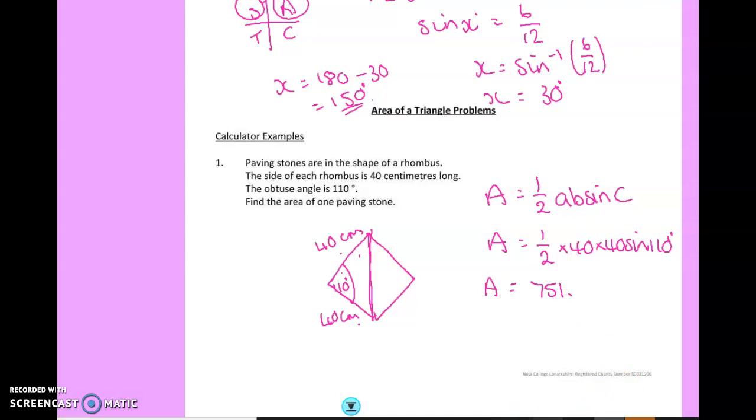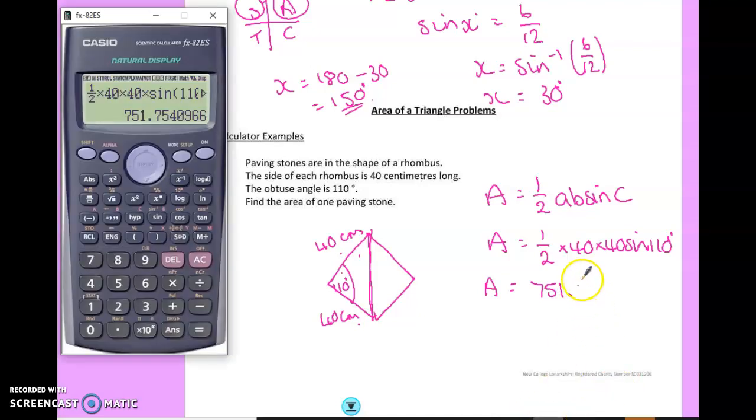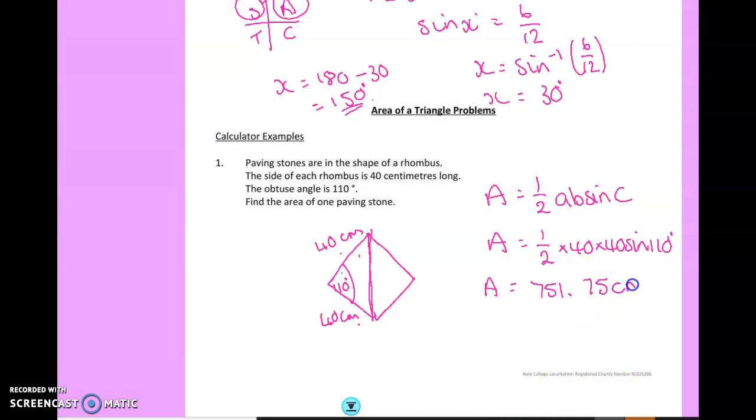So half times 40 times 40 times sine 110, which is 751.75 centimetres squared. That's the area of a triangle though. It's the area of the rhombus we want. Let's double that.